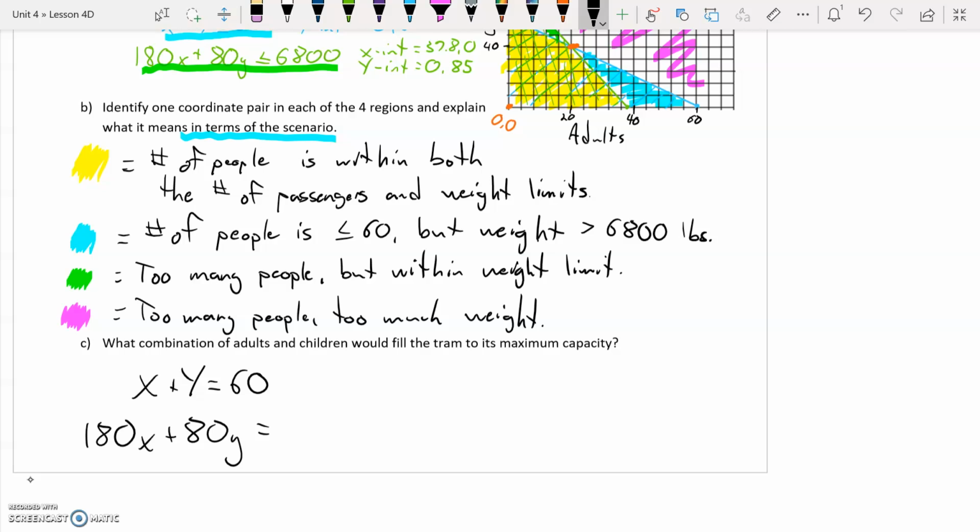So instead of inequality signs, we have equal signs. And if you solve that, you get 20 adults, 40 children. So that would weigh 6,800 pounds and be exactly 60 people. Notice 20 plus 40 is equal to 60.